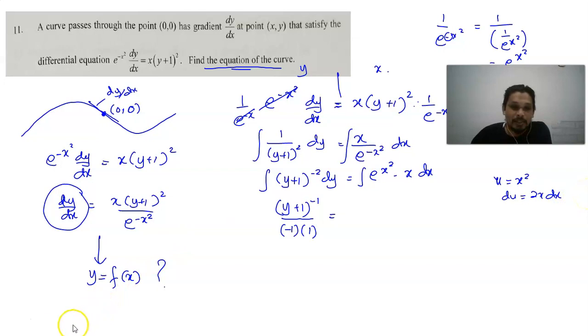Now what we have here is x dx, and we cannot simply substitute 2x dx, because it's not equal to this one here, unless you substitute it into the equation and then multiply with 1 over 2. So for this case I prefer to change this into du over 2 equals x dx.